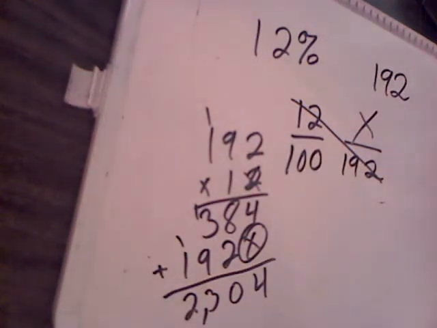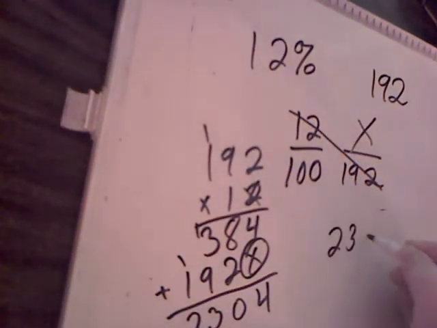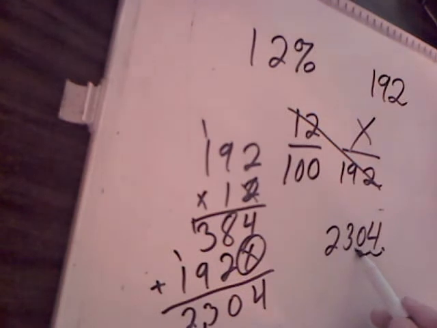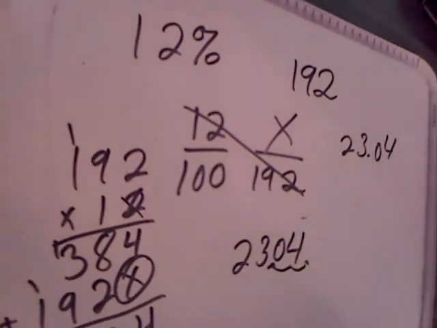But we know that when we divide by 100, we just move the decimal as many spots to the left as there are zeros. So, the decimal's here and there are 2 zeros, we can move the decimal 2 times. So we end up with 23.04 people.